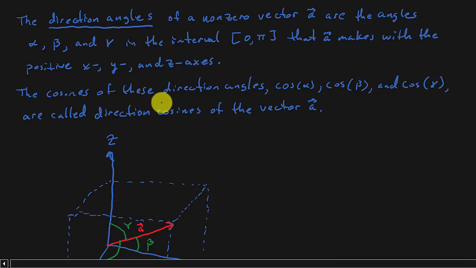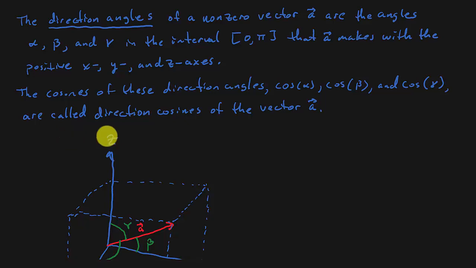The cosines of these direction angles, cosine alpha, cosine beta, cosine gamma, are called direction cosines of vector A. Okay, called direction cosines.